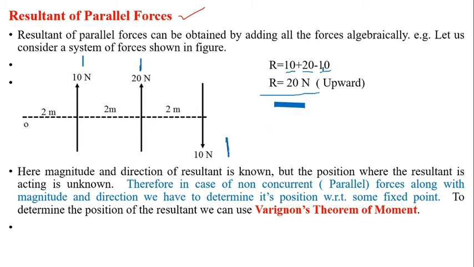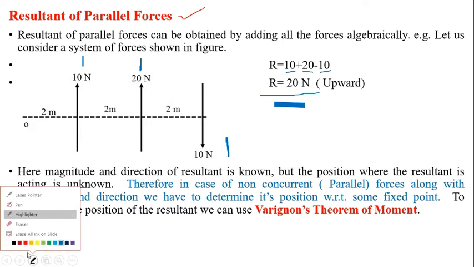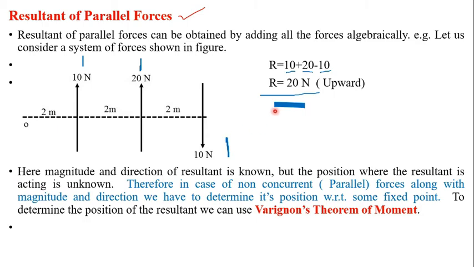So adding these forces algebraically, plus 10 plus 20 minus 10 is equal to 20, and now we have a force of 20 Newton acting in upward direction. Now here the magnitude and direction of the resultant are known.